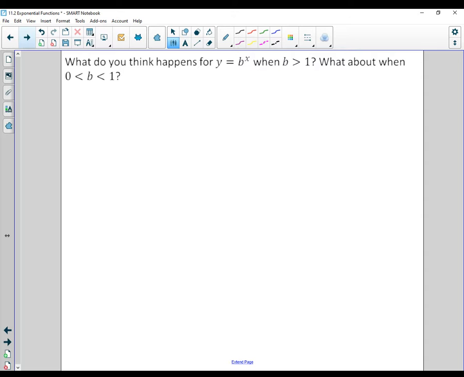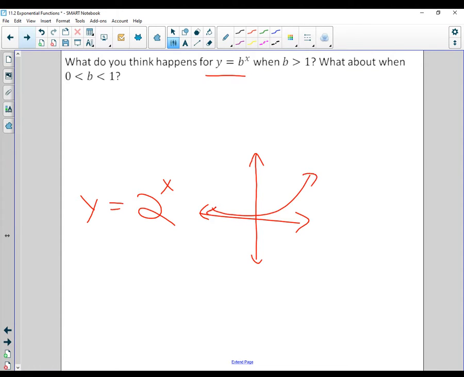What do you think happens for y equals b to the x when b is greater than 1? Maybe it's just more than 1. We saw what happened with 2: we get this kind of graph.